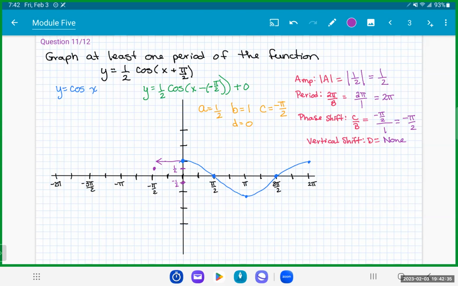Then at pi over 2, we'll be at 0. Then at pi over 2 we'll be down here at negative 1/2. Then at pi, we'll be back up here at 0. And at 3 pi over 2, we'll be up here at positive 1/2.